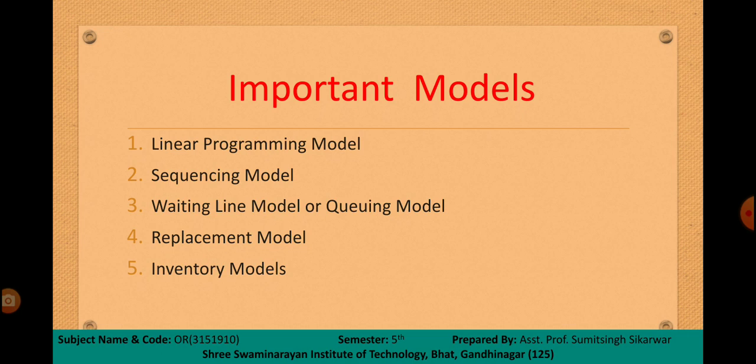The company has to maintain inventory at optimal cost. There are different types of inventory problems depending on the availability and demand pattern of the materials. These problems can be solved by the application of inventory models.